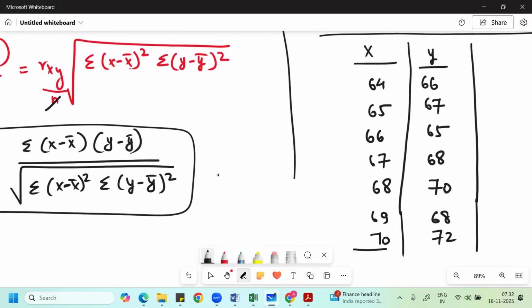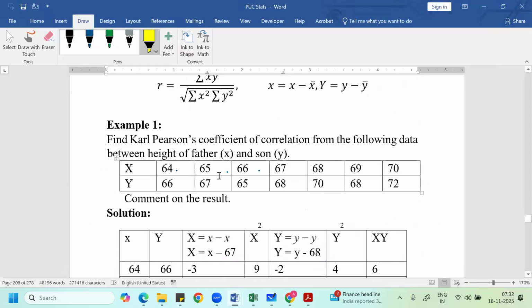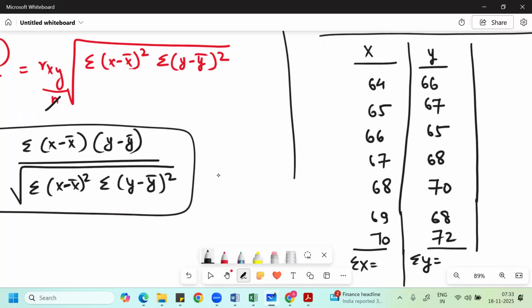What I can do is first find the sum of x and the sum of y. For doing this calculation, what do I need?